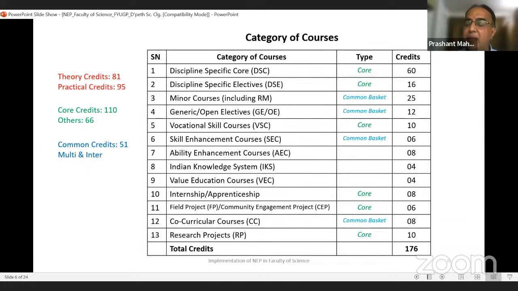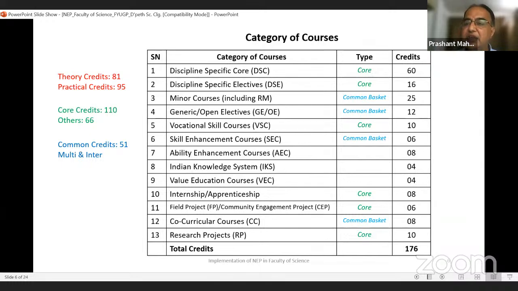Whenever I mention common basket, it means this basket is common across the faculty. Meaning thereby students get the opportunity to select the course under that basket from any of the faculty which he or she wants, including his or her own faculty, own discipline, excluding major.